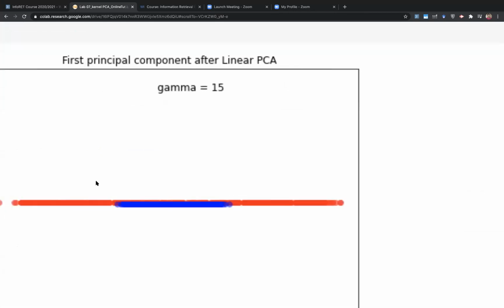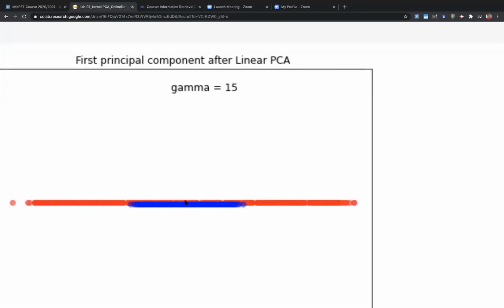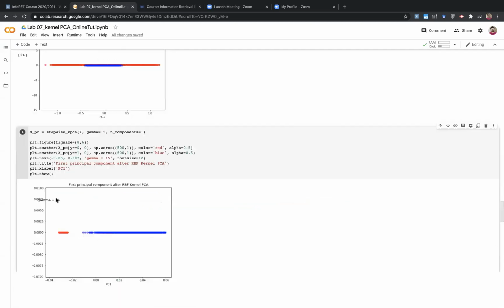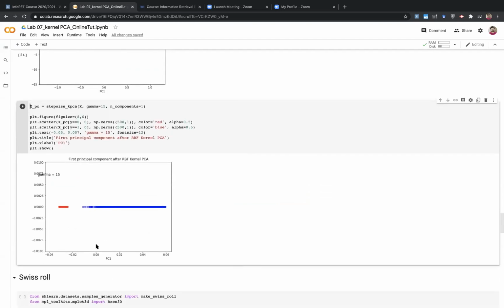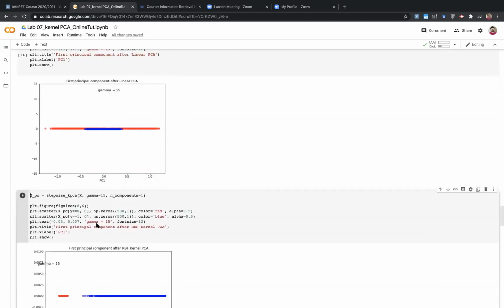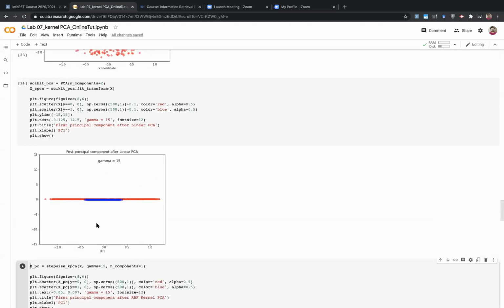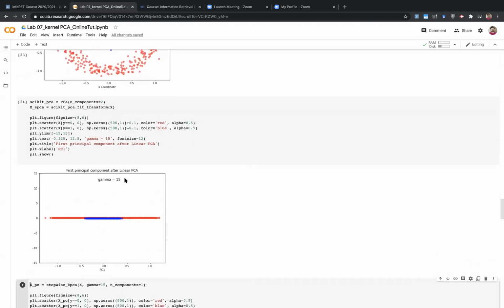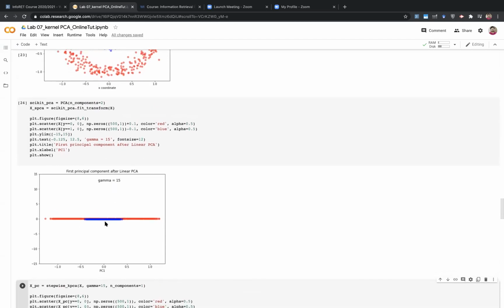If I zoom in, you can see that there is some overlap, but this is the overlap for PC1. And if we go here, I think there was a mistake in labeling this. Sorry, this was from the linear PCA. I was worried why this overlapping was happening.